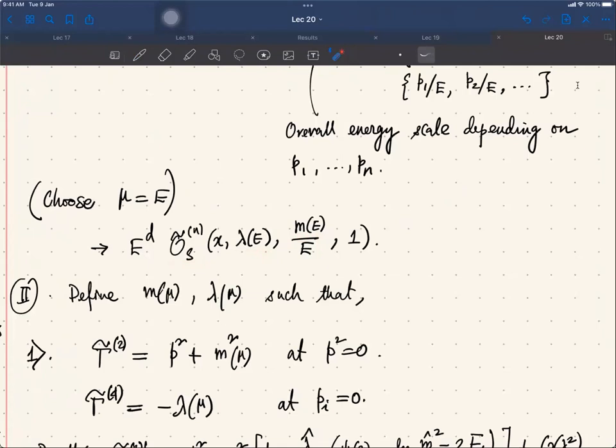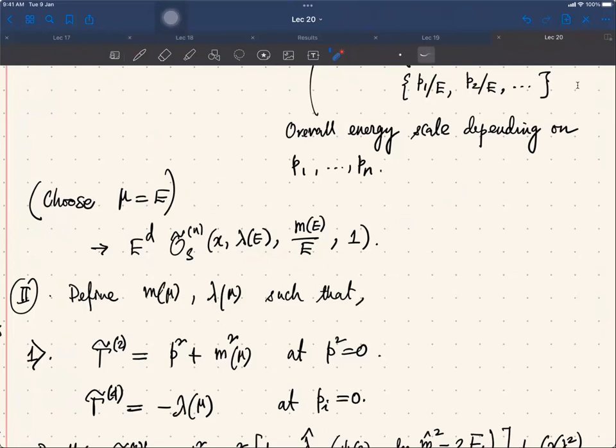Now, once you know this at a particular scale, then at that scale you can predict all the other observables. But the question is, how will this change when you go to a different scale? Do you have a prediction, or do you have to do it at every order, at every scale separately? If the theory is complete, one would expect that once the couplings are known at a particular scale, it should be possible to derive the couplings at a different scale.